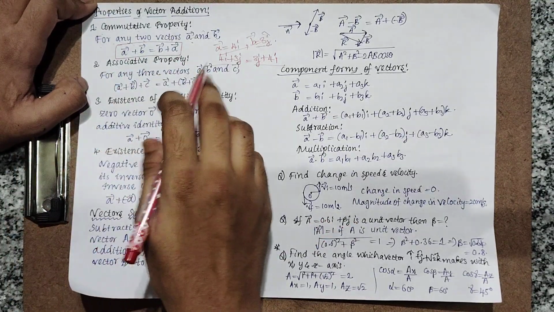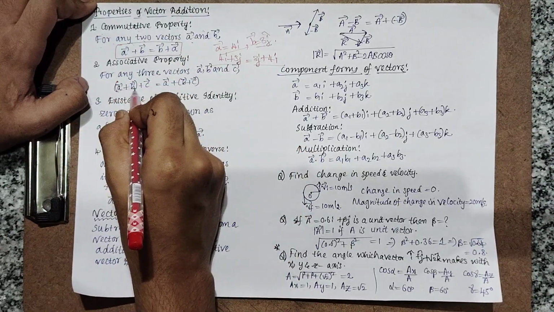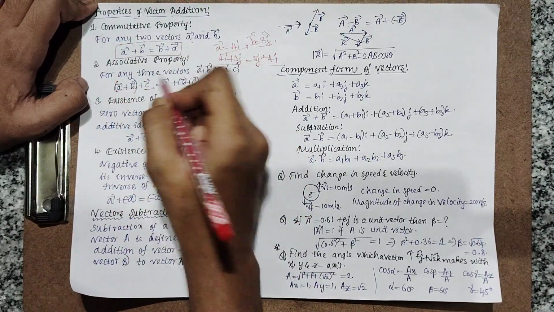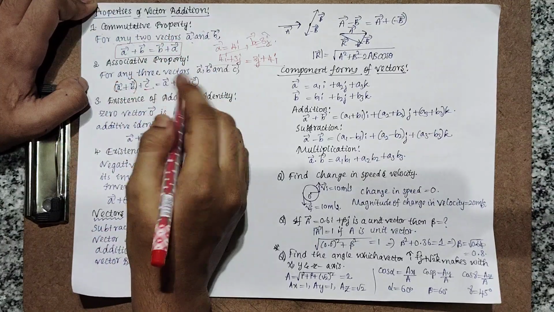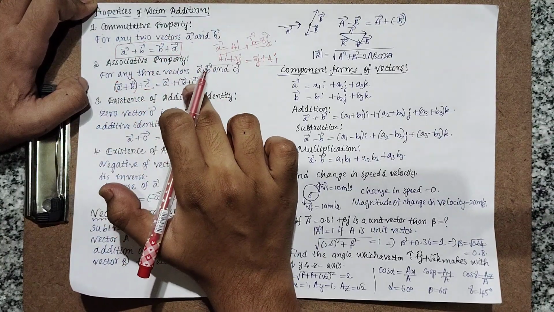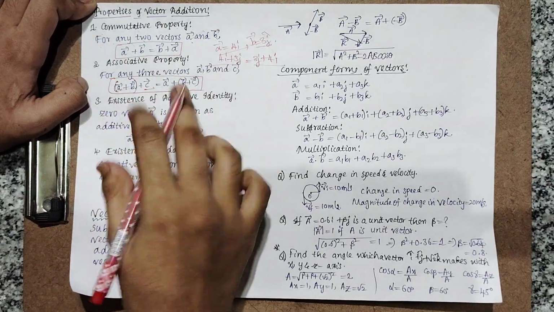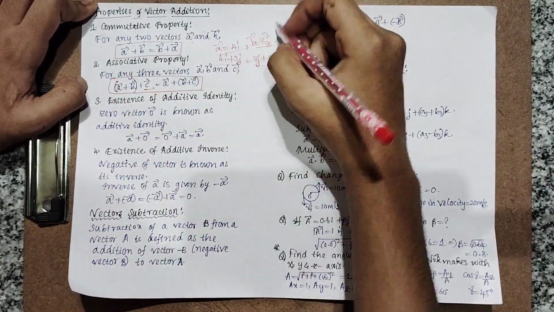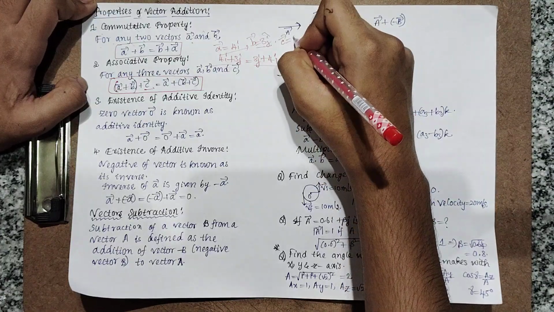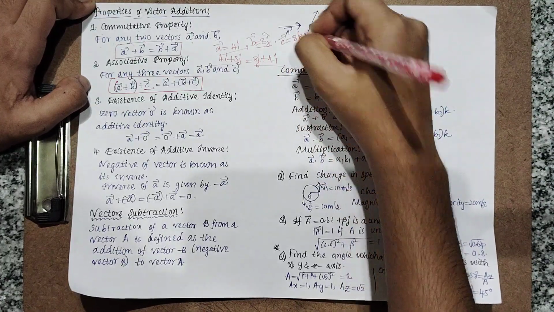For any three vectors A bar, B bar and C bar, if we add A bar plus B bar and then add C bar, or else we keep A bar separate and add B bar plus C bar, in this case also the answer will be the same. For example, let us say C bar is equal to 8k cap.